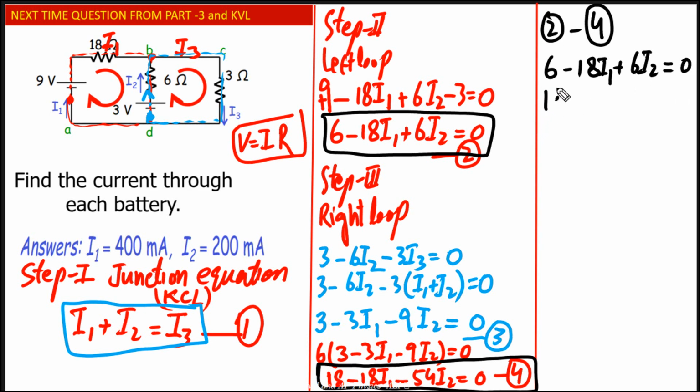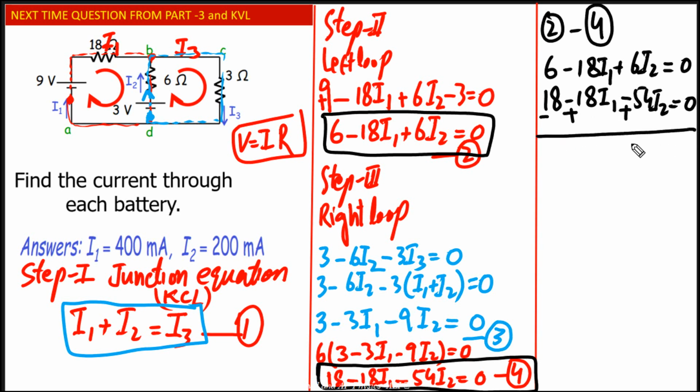And here we have 18 minus 18I1 minus 54I2, equal to 0. Now we have to subtract this one, so we just need to change the sign.